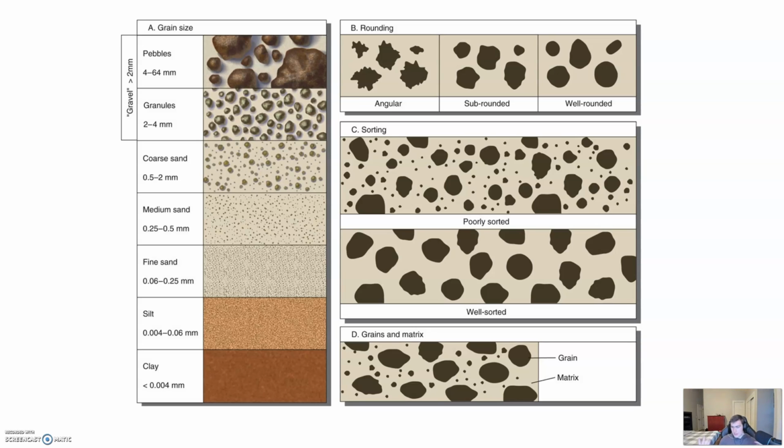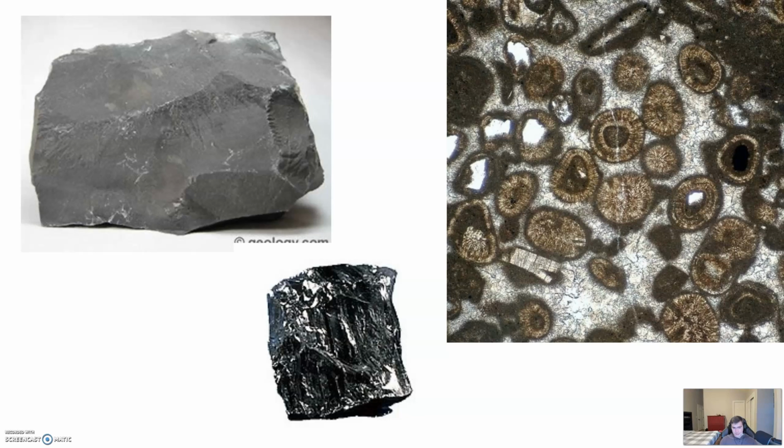A conglomerate would be just kind of all over the place. It would often have angular sediment, just due to the fact that the sediment has not had time to be weathered and eroded as much. So you have a lot of sharp angles and things of that nature.